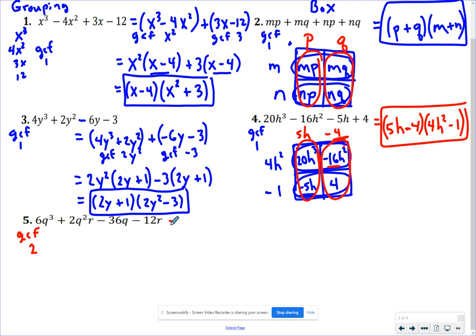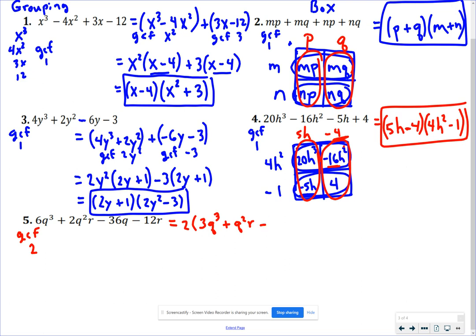So first thing I'm going to do is take that GCF and pull it out of all 4 of the terms. Remember what it said? GCF has to come out of all 4 of the terms. So 6q to the third divided by 2 leaves me with 3q to the third. Second term, I'm dividing out the 2, so that leaves the q squared and the r.